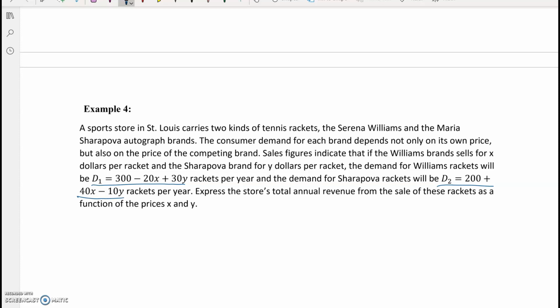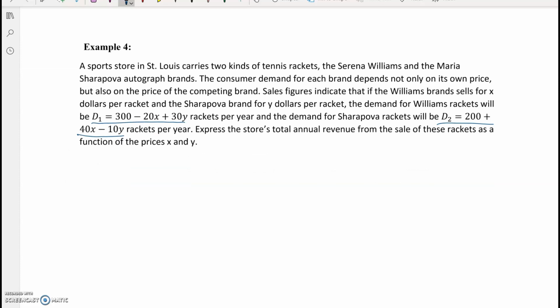And then we want to express the store's total annual revenue from selling those two. So the store's total revenue is going to come from the revenue from the Williams brand, and the revenue from the Sharapova brand. For each revenue, I'm going to use the quantity multiplied by the price.